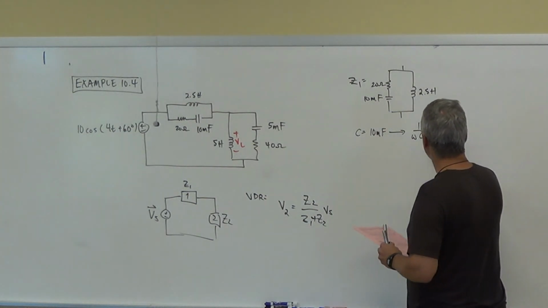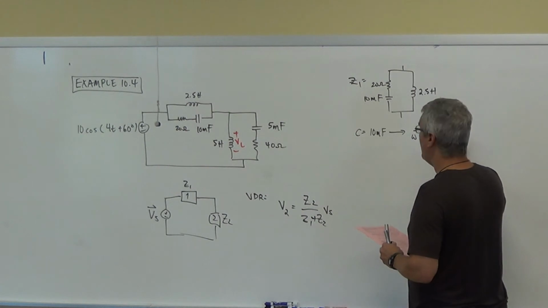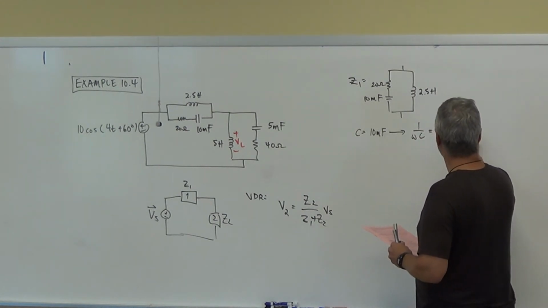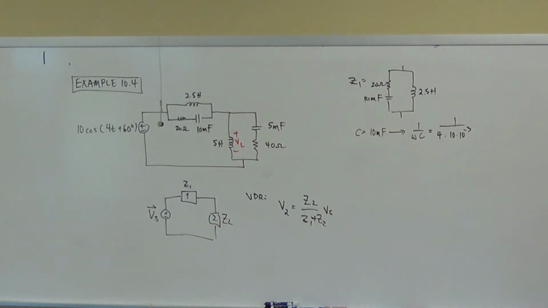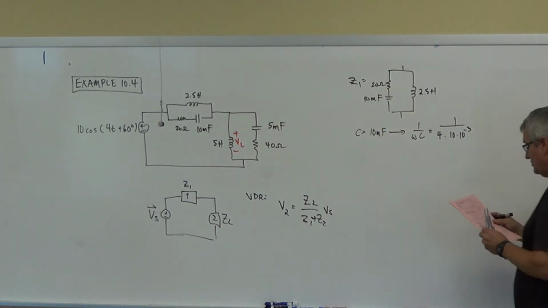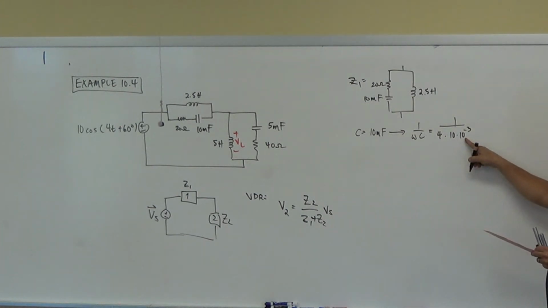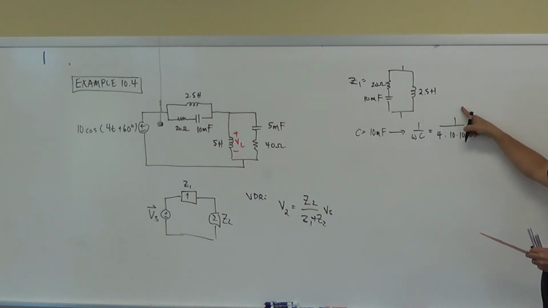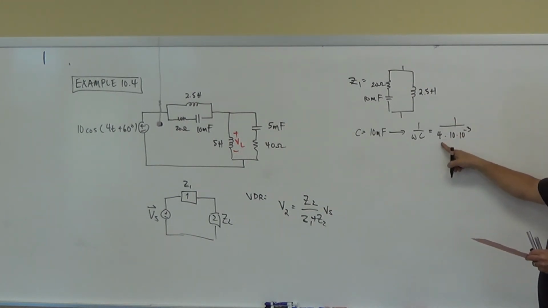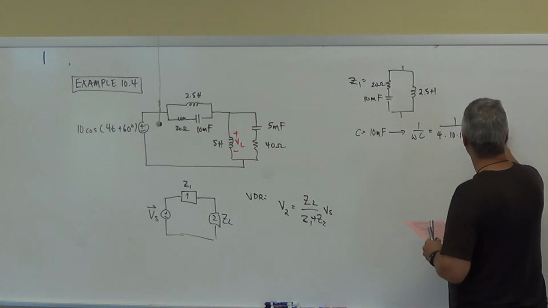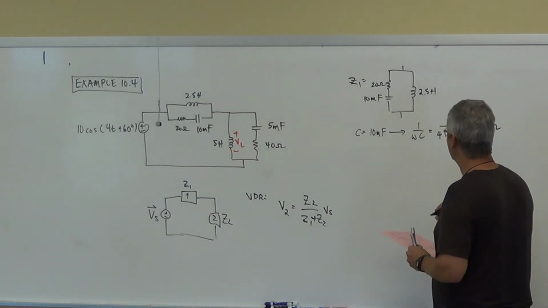So I'm going to get 4 times 10 milli. And if I do that, I should get 10 to the negative 2. 10 to the 2 is 100. 100 divided by 4 is 25. So I'm going to get 25 ohms.